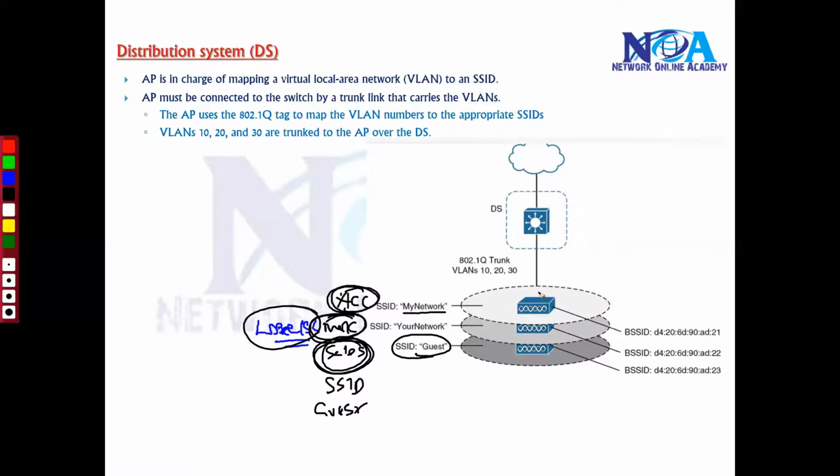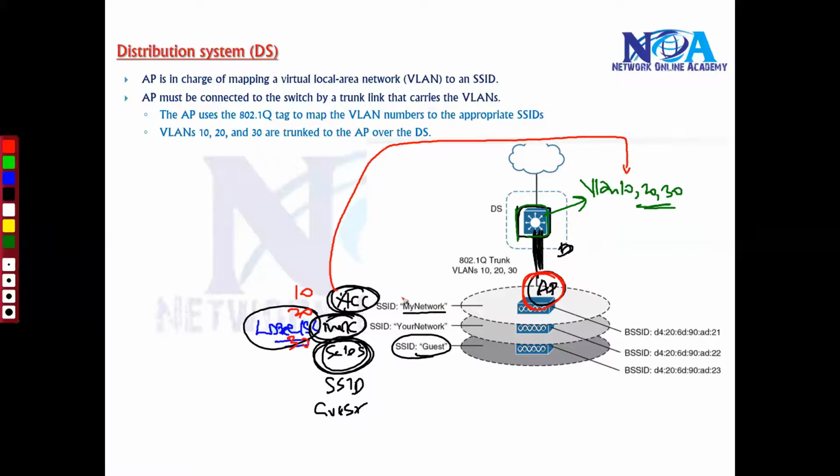Because when you connect from the access point, the uplink goes and connects to the switch. That's what we call the distribution system. And on the switches, again, we have some kind of VLANs created. Now, this access point is again responsible for correlating these SSIDs, which are mapped to the VLANs.